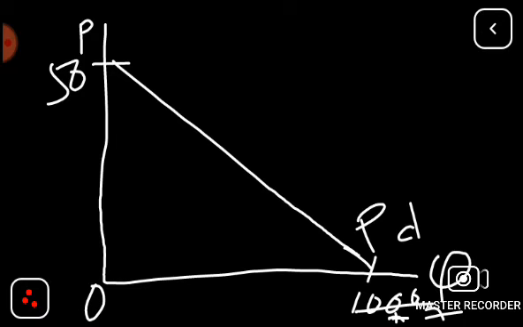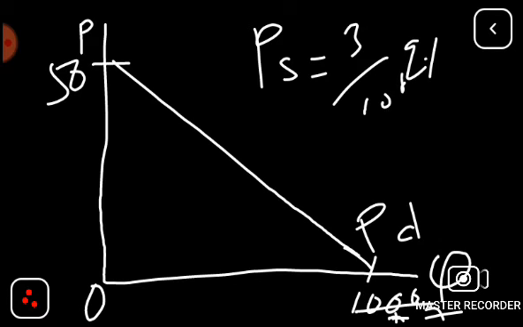Now from our new supply function, P = 3 over 100 q plus 10, where there's q, just put 0.